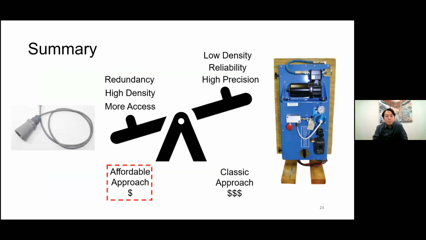In summary, with the affordable approach, we are now able to spend less money to conduct environmental monitoring.